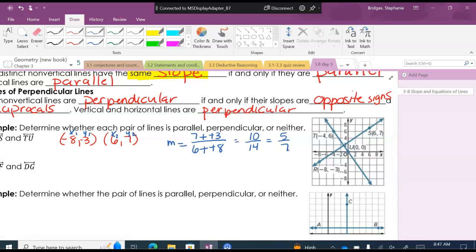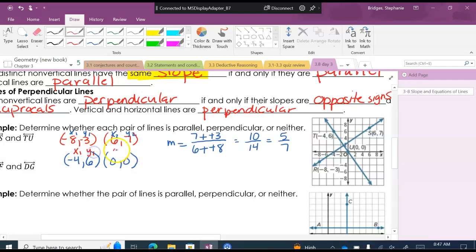Now we're going to have to find the slope for line TU. The two ordered pairs they give me, what's the top ordered pair for T? What do they say that is? Negative 4 and what? Look at your picture. Look at T. What's the ordered pair? Yep. And then what is U? 0, 0. And we're going to do exactly what we did last time.